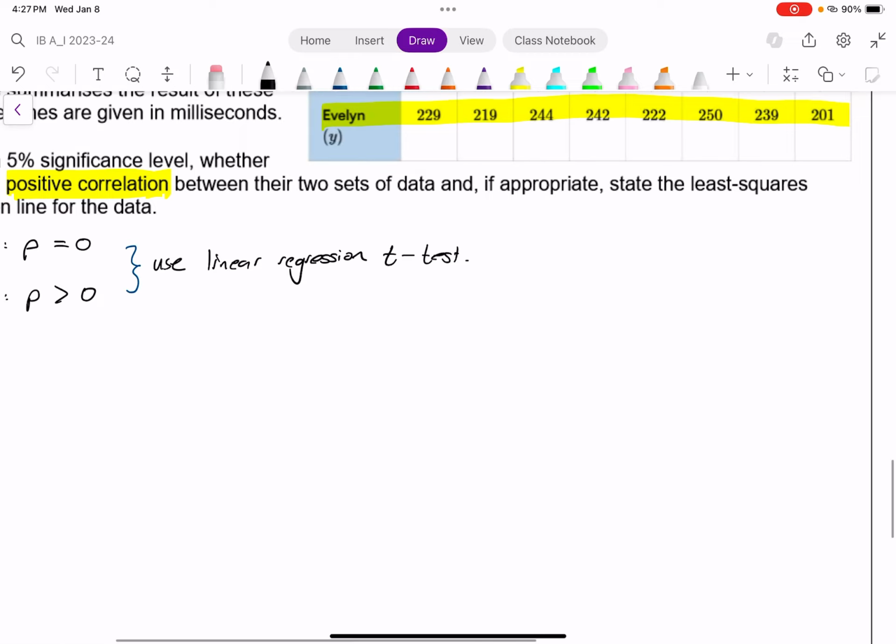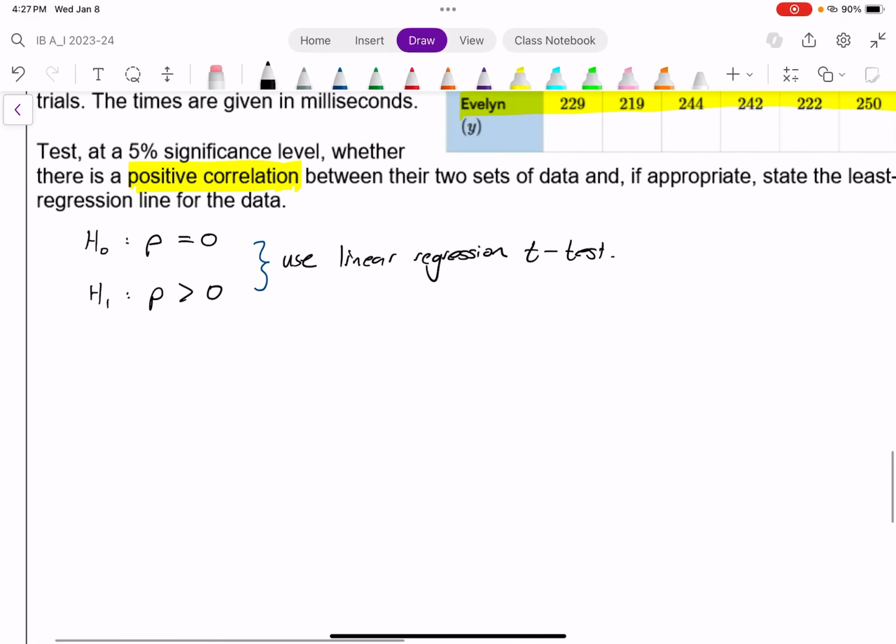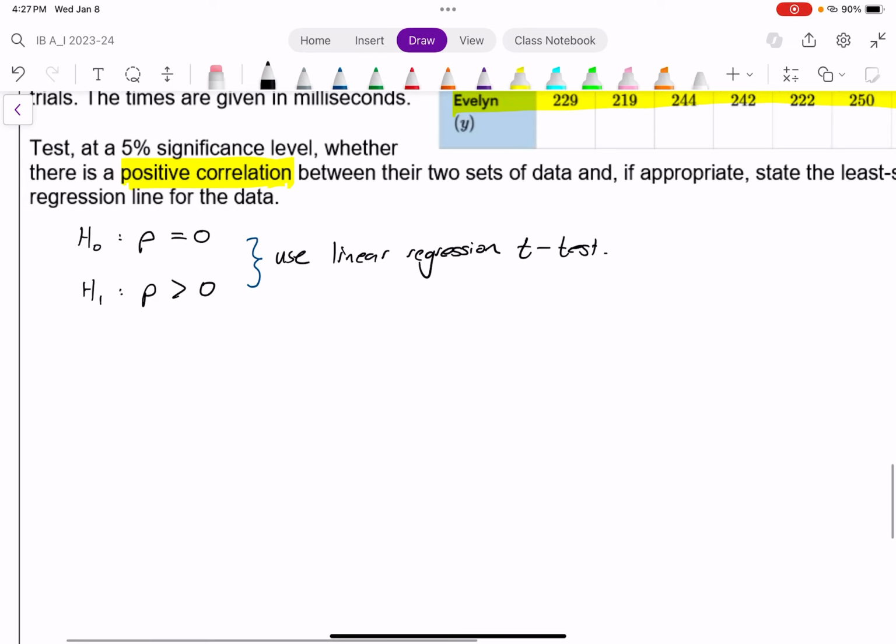First thing you do, hopefully you would already have this data in your table, and then find that probability. We want to do a t-test where we're trying to find the probability that we'd have a positive correlation. You should quickly get a p-value of about 0.00595, which is approximately 0.6%.